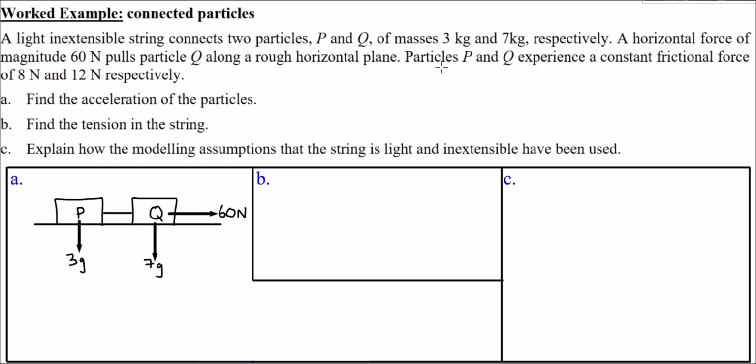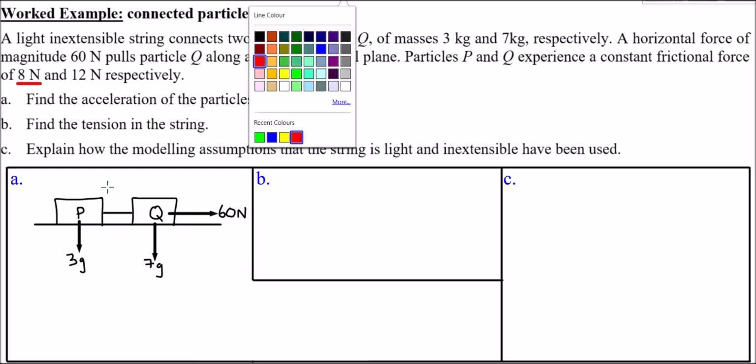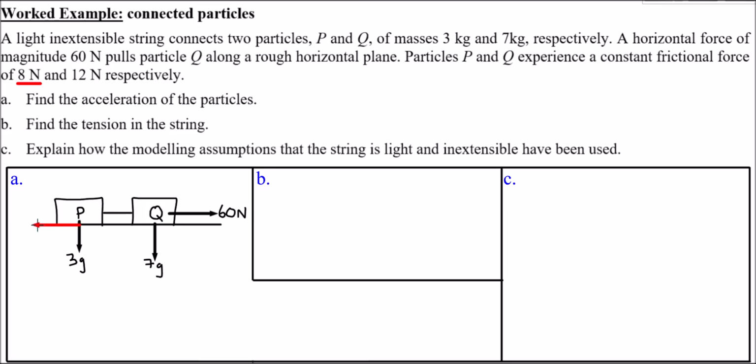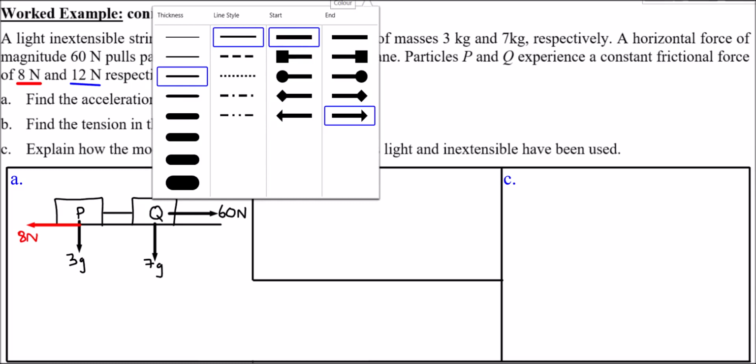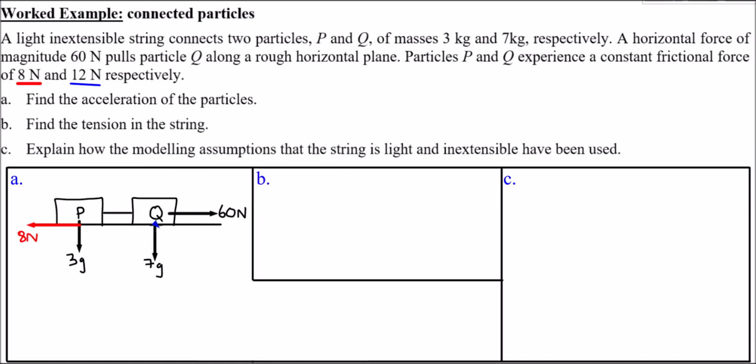And Q has a frictional force of 12, which again will work against the motion. So this 8 newton force will end up going against P, so 8 newtons is going that way. And the 12 newton force will be acting against Q, going back this way.